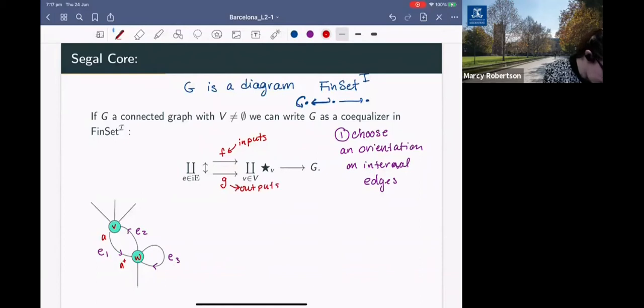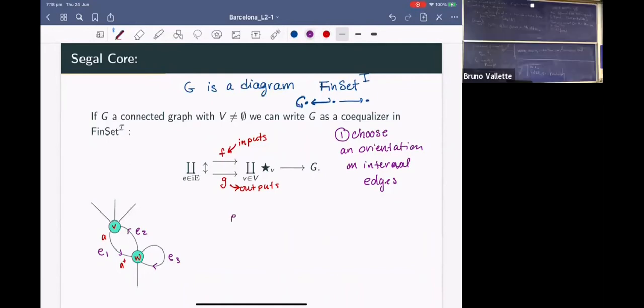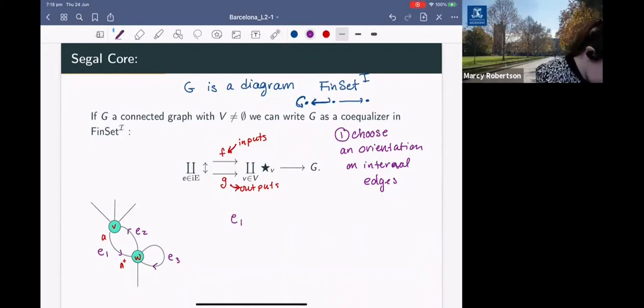So these arrows that I'm drawing are meant to define input and output. If I now draw my diagram, here I'm going to write E1, E2, and E3, and I'll write V and W.